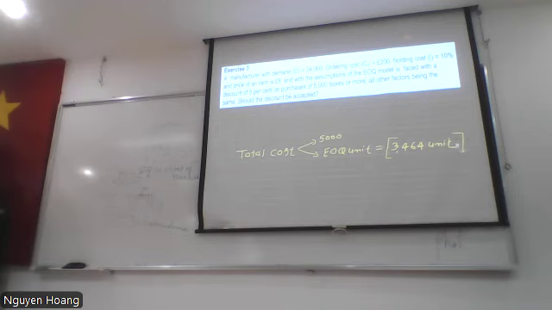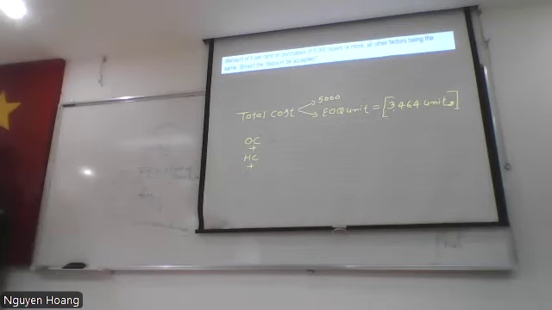So what is the formula? The formula is ordering cost plus holding cost plus purchase cost. That would be your total cost. Go with your ordering cost. How much would be your ordering cost?